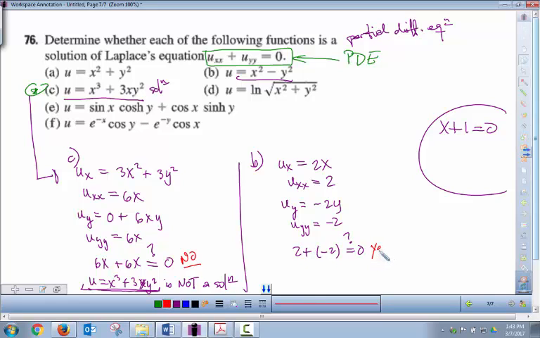Yes, so we could say this is a solution to the partial differential equation. Okay? So it's a matter of taking derivatives to figure out if this will work out.